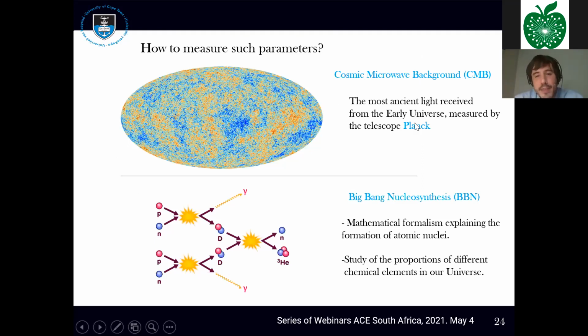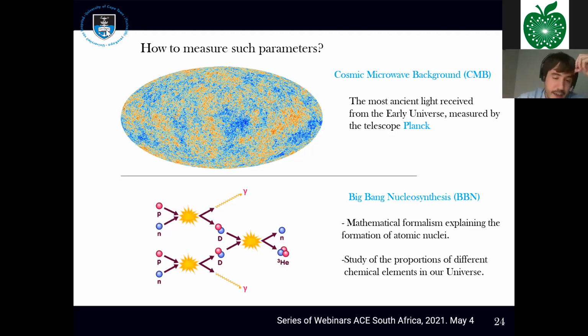The other way we have to determine those parameters is through what we call Big Bang nucleosynthesis, or BBN. Big Bang nucleosynthesis is a mathematical formalism to explain the formation of the atomic nuclei. Taking into account the thermodynamics of our universe at the beginning, it's possible to know how the different nuclei were formed.